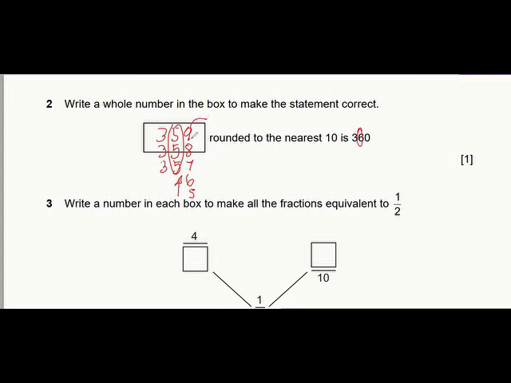We will take it to the next level as this is higher than 5, or 5 or higher will make it go to the next level. So any of the possibilities I just wrote will be correct. Okay? However, I will prefer, not to take a risk, 361 or 359. 359 will be my best option.